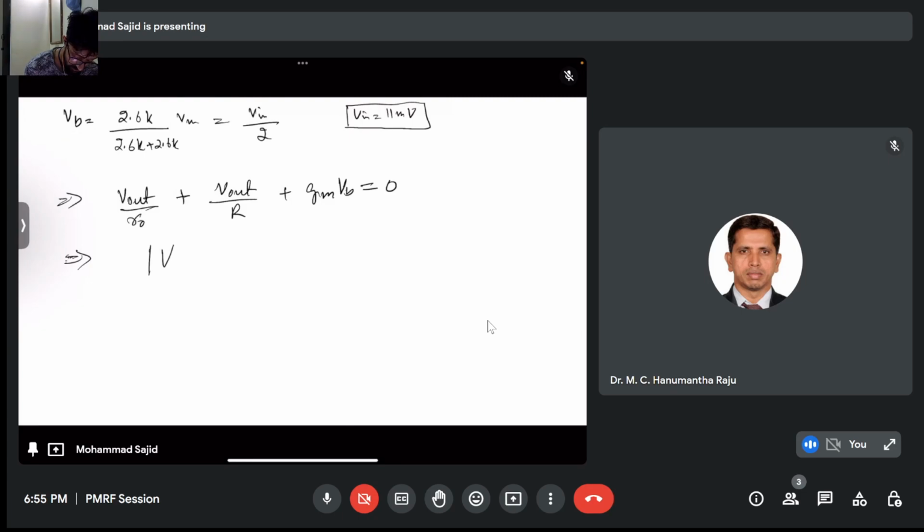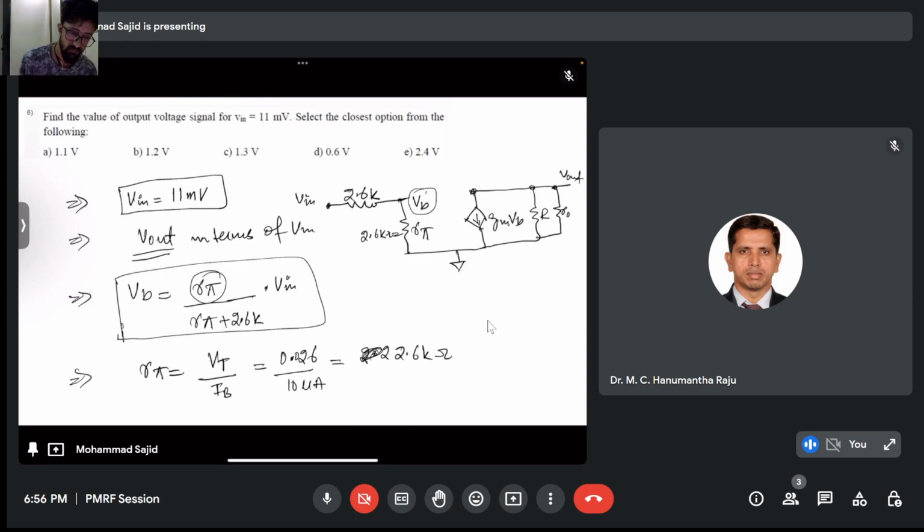What you will get is that on substituting VB in terms of V in, you will get V output as GM R parallel R naught multiply V in. Now GM, we have calculated GM, we have calculated R naught.